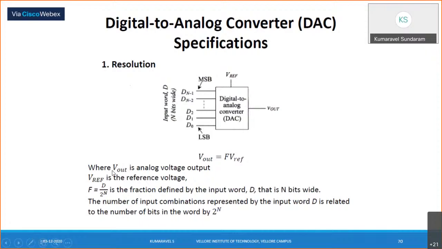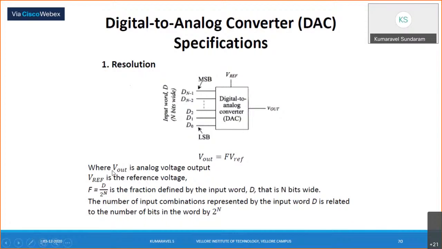Where V out is the analog voltage output, V reference is the reference voltage, and V out is given equal to F into V ref. This F is given by whatever digital bits we are giving; for that, the equivalent digital number will be given.